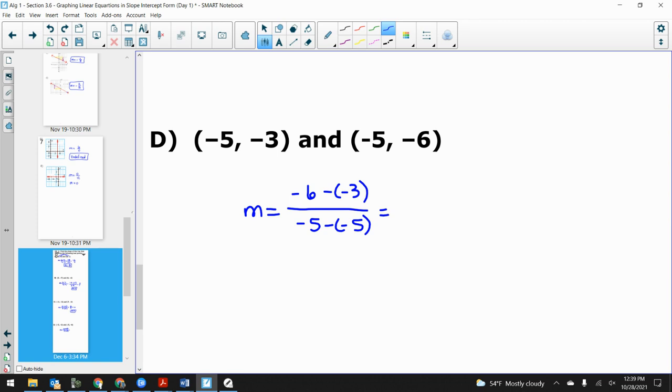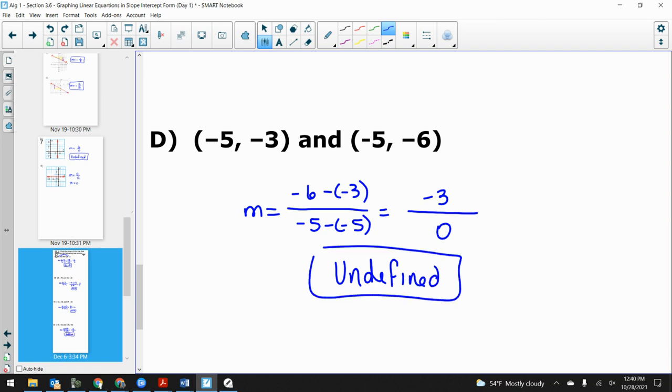Okay, now where's the 0? In the bottom. So this is -3 over 0, which makes the slope what? Undefined. What does that tell me about my line of those 2 points? Vertical.